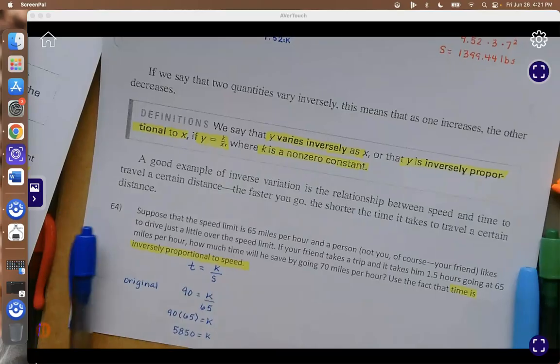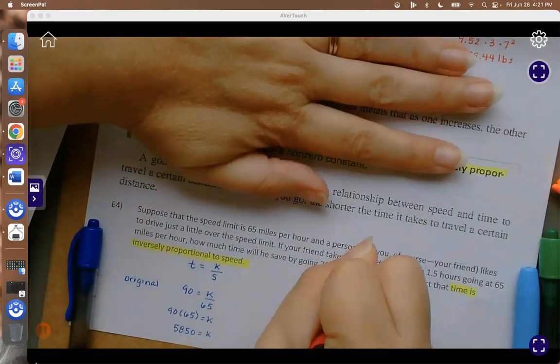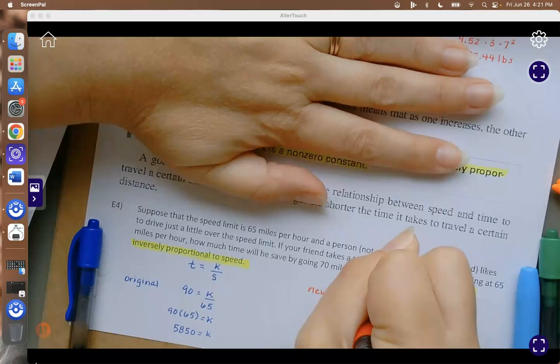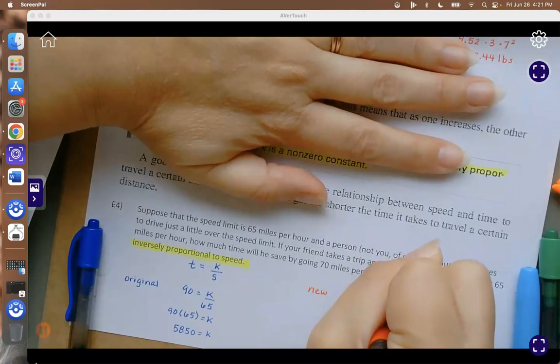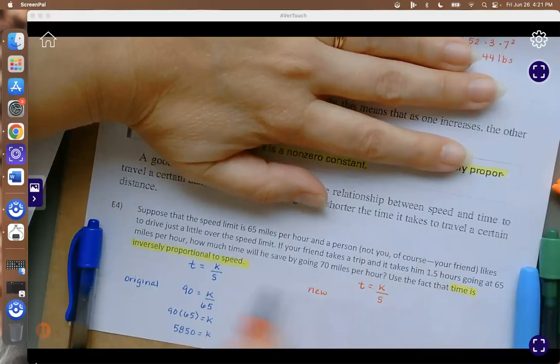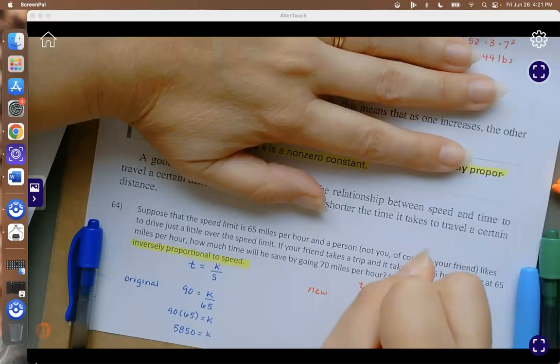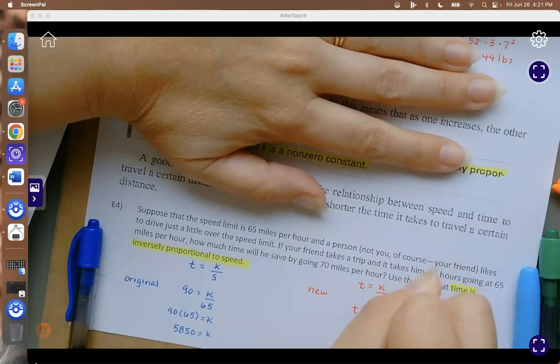The next one is the new one. So time is inversely proportional to speed. This time, how much time will he save? So we're solving for time. We know our K is 5850 and our speed is 70.